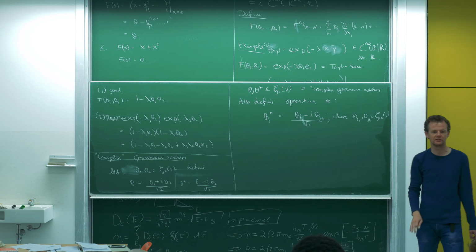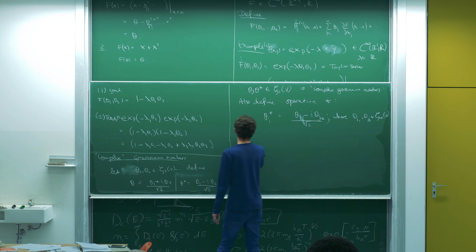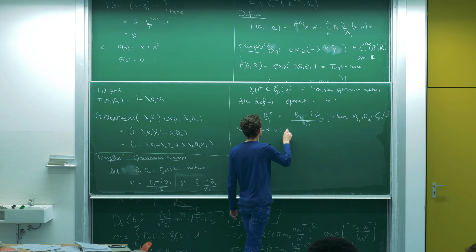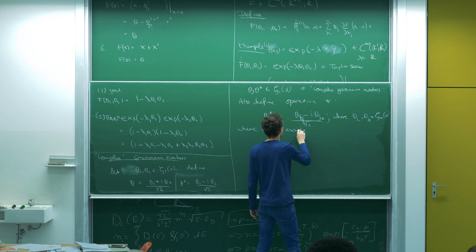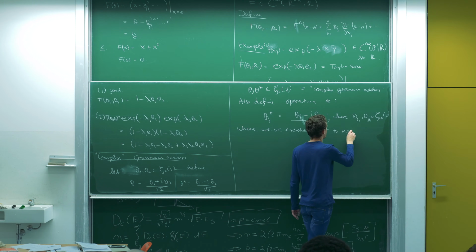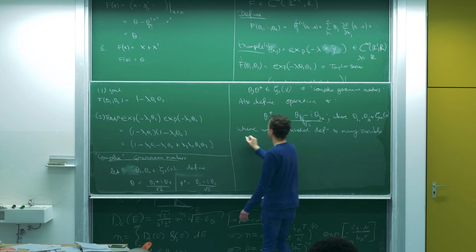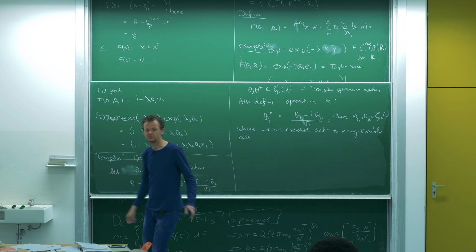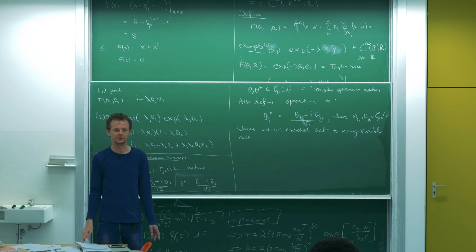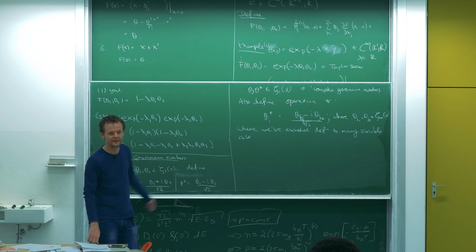And I'm immediately going to extend the whole definition to the many variable case. So just as you can think of complex numbers as two copies of the real numbers, you can think of the complex Grassmans as two copies of Grassman numbers.